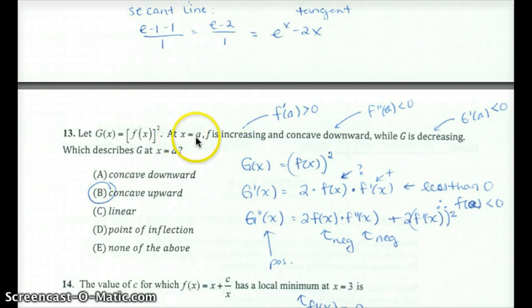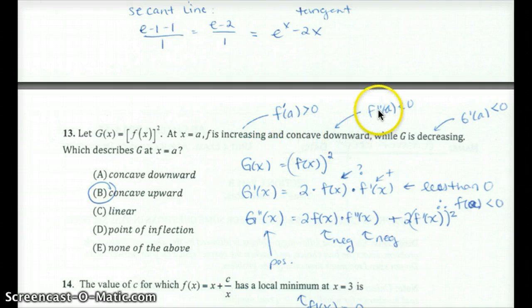And then we've got a particular point a, and it says at this point f is increasing. The best thing you can do for yourself is, the second you read that, interpret it in terms of the calculus. If the original function is increasing, it means the derivative at that x value is positive, in other words, greater than 0. It also says the original function is concave downward.